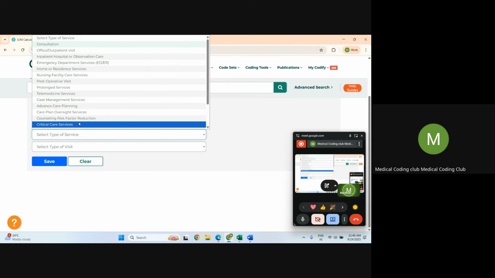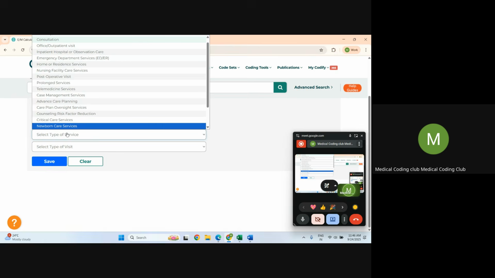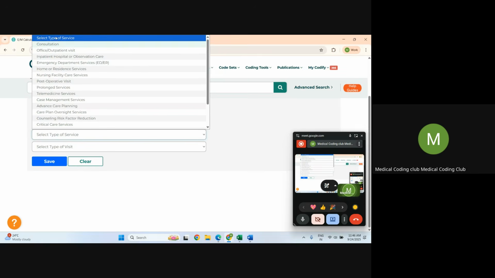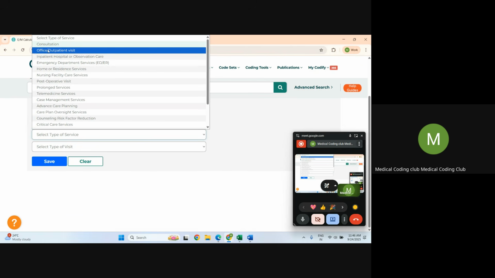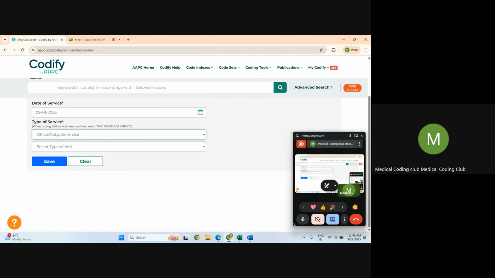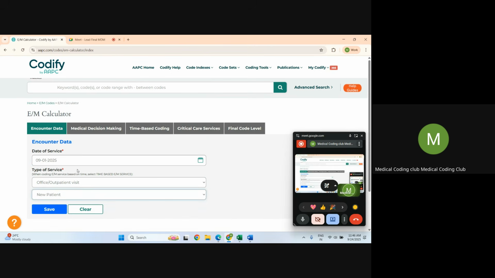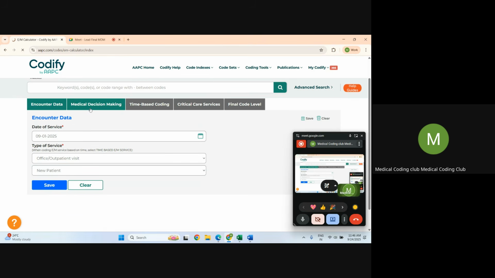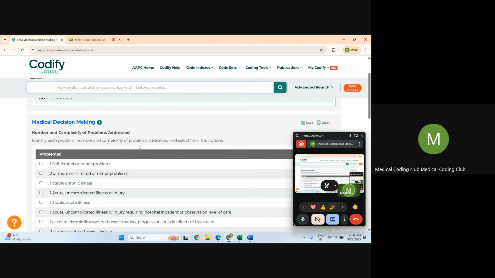Here you can see there are many services. I have already told you we are discussing office outpatient visit, so I'm selecting this. And what is the patient type, new or established? The patient is a new patient. Now we will check our medical decision making.